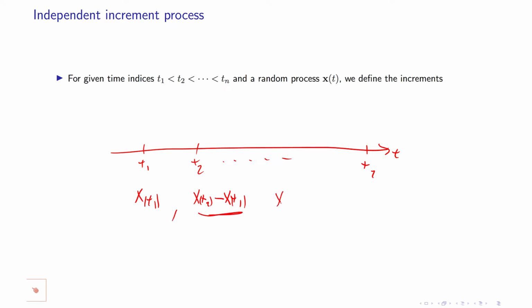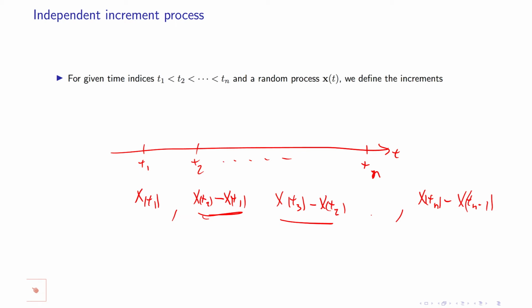And then you have x of t3 minus x of t2. So this is the next increment. And then you have x of tn minus x of tn minus 1. So how many increments do we have? 1, 2, etc. So we have n random variables.